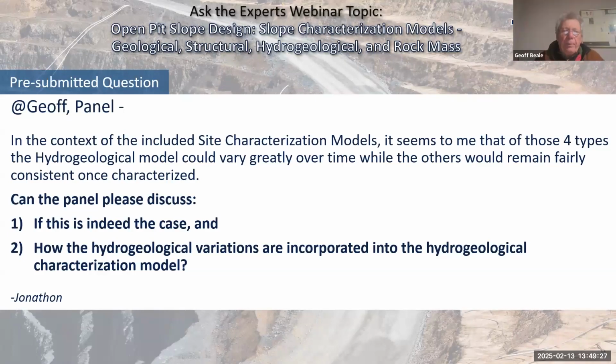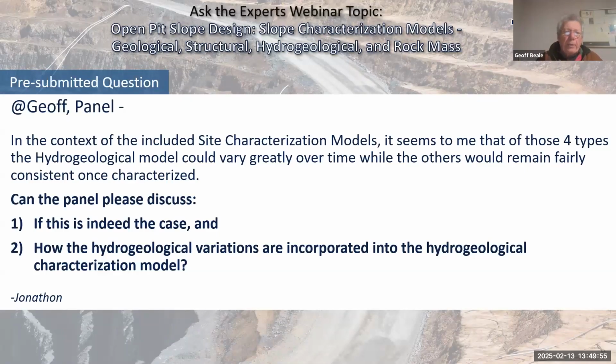And I guess to build on what Scott was saying, as soon as we excavate a pit, we can obviously start to see and map what the rocks look like. But the other thing to think about is the damage zone due to excavation. I think what we've started to call the excavation damage zone, and that's the blast damage zone, and then the zone of relaxation and deformation due to excavating the pit.